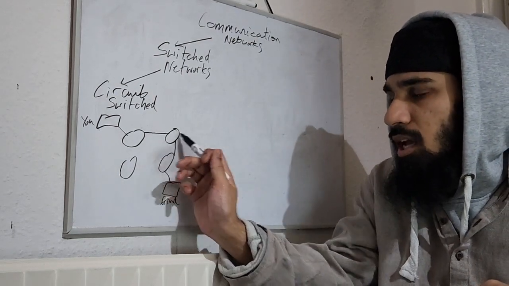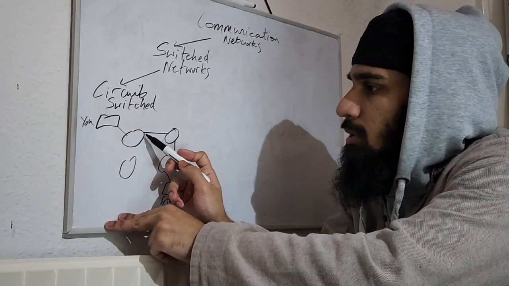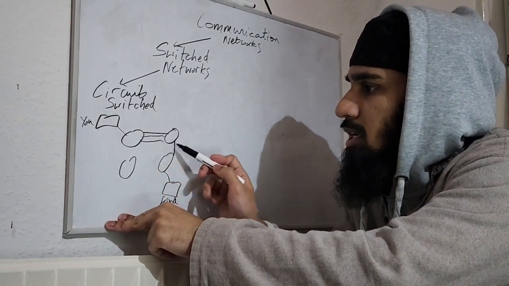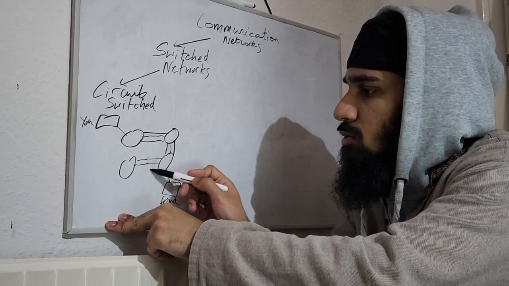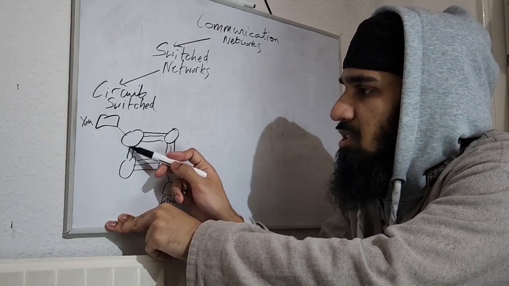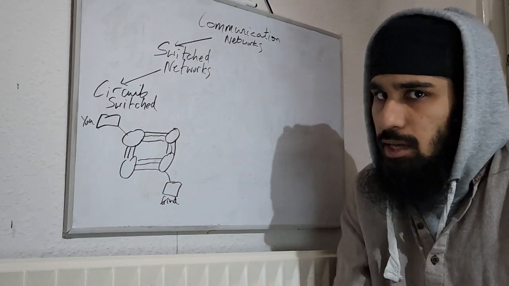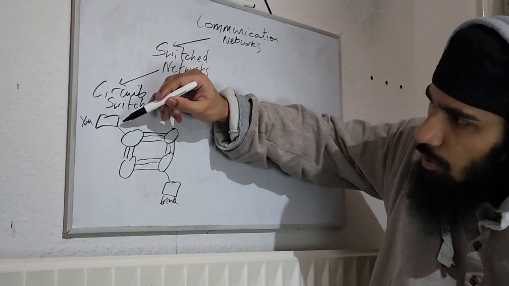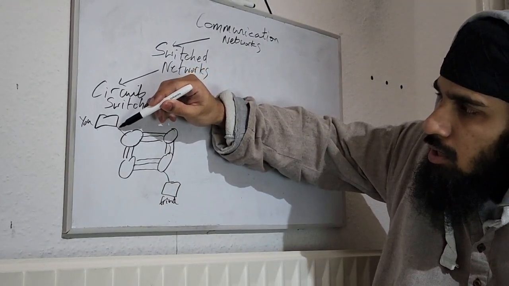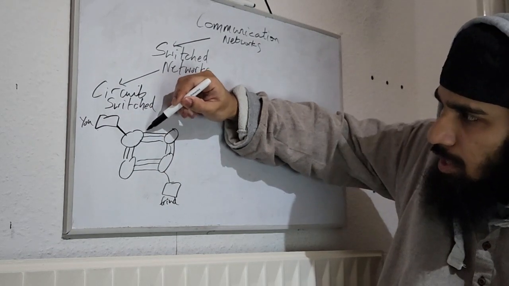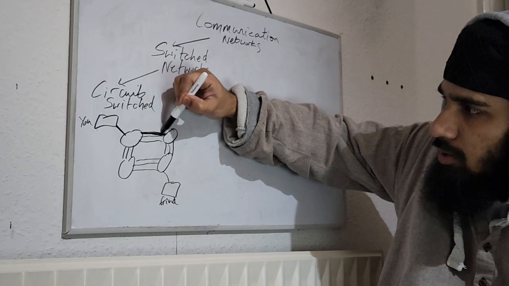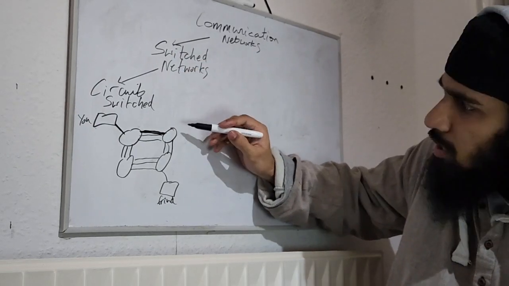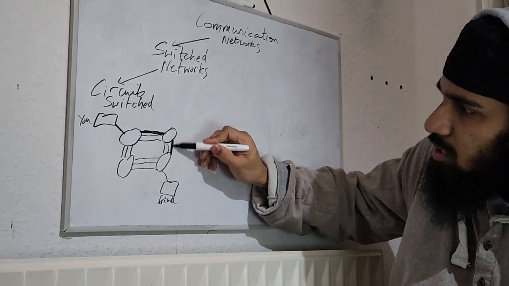Let's say there's like 3 dedicated resources, and once you want to talk to your friend, you'll need to borrow that dedicated resource. So you'll send it through, and you'll borrow this line, let's say the top line.